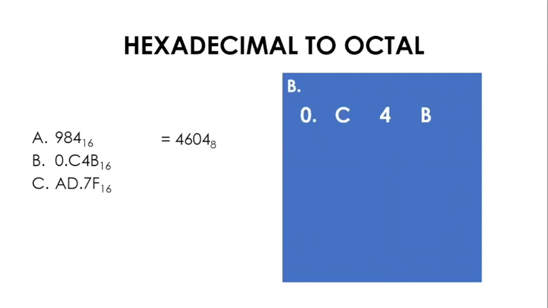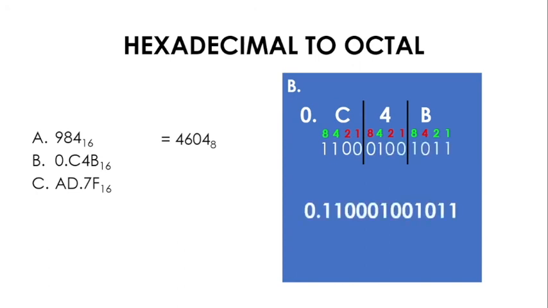For the next example, we will be converting a fractional part of a hexadecimal number. The process is still the same. So the binary equivalent of 0.C4B is 1100 0100 1011.